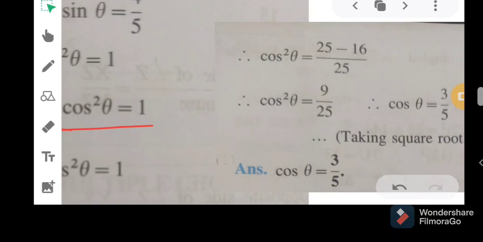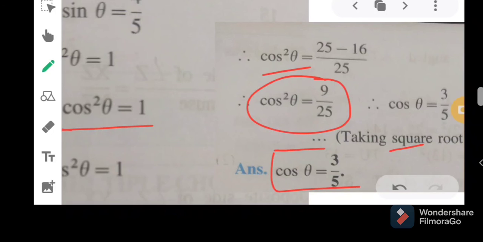When we simplify this, cos square theta equals 25 minus 16 divided by 25. Cos square theta equals 9 upon 25. By taking the square root of both sides, cos theta equals 3 upon 5. So the value of cos theta is 3 upon 5.